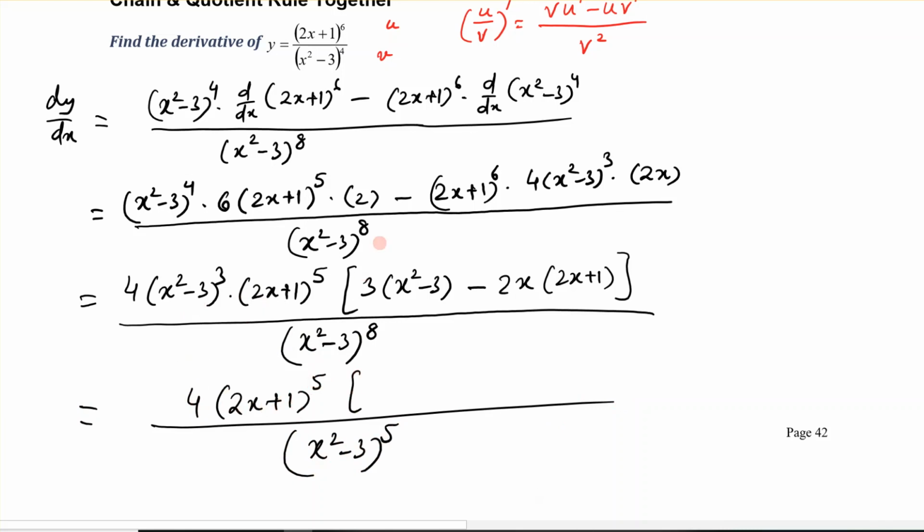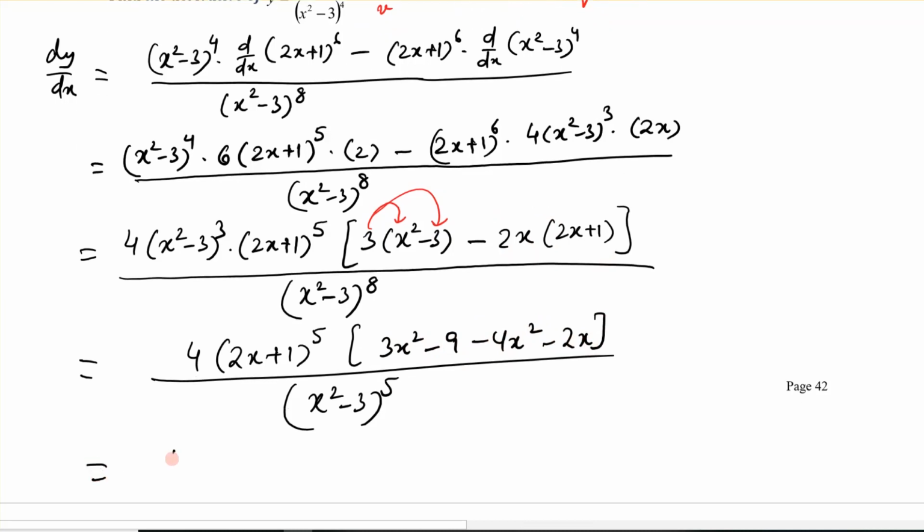And inside, if we expand it, 3 times x square minus 3 times 3, so we get 3x square minus 9, and similarly we get negative 4x square, negative 2x.